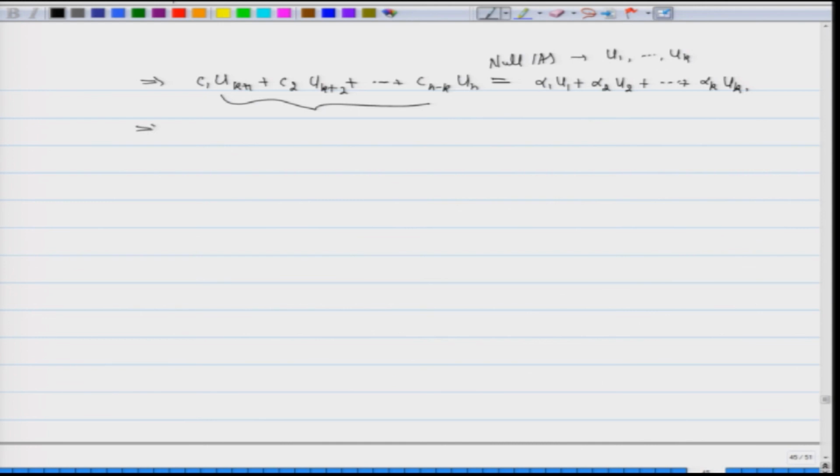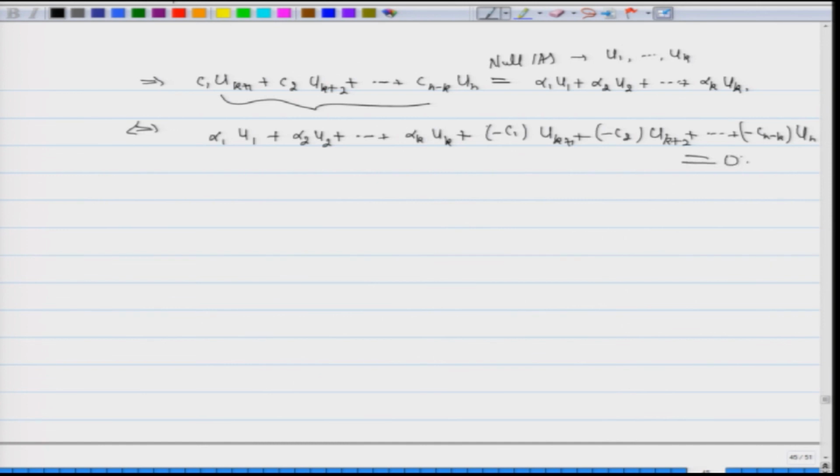But this is equivalent to alpha 1 u1 plus alpha 2 u2 plus alpha k uk minus C1 times u_{k+1} minus C2 times u_{k+2} minus C_{n-k} times u_n is 0.